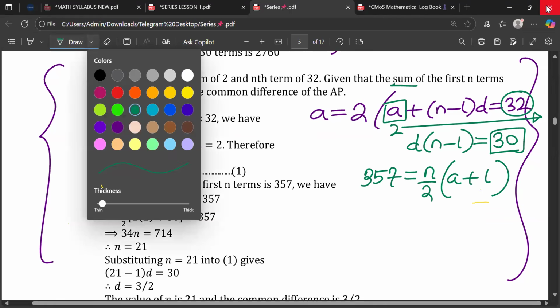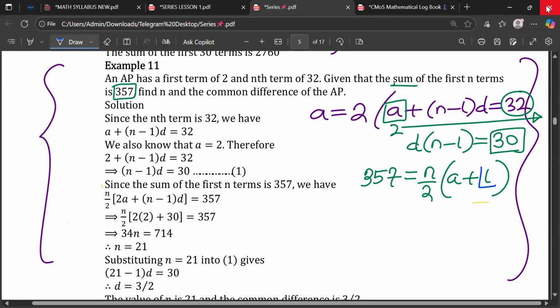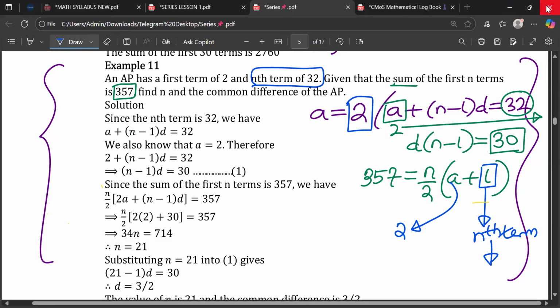And I remember telling you that this L is nicknamed as nth term. Isn't it? This value of A is the first term and it has been given in the question as 2. The nth term has been given in the question as 32.